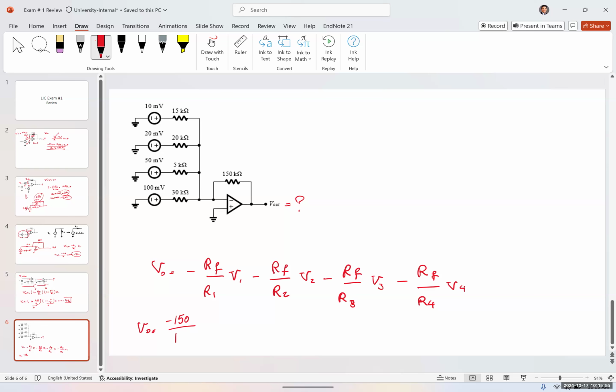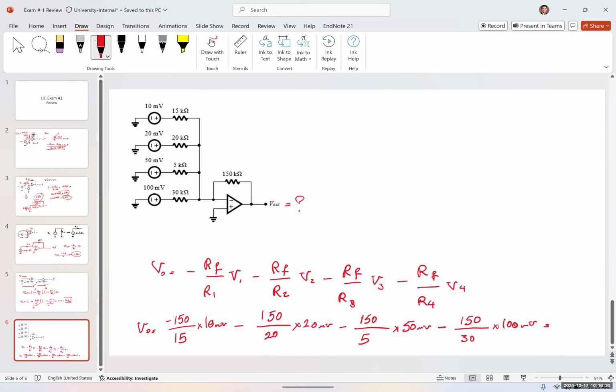So 150 over 15 times 10 millivolts, minus 150 over 20 times 20 millivolts, 150 over 5 times 50 millivolts, and 150 over 30 times 100 millivolts.